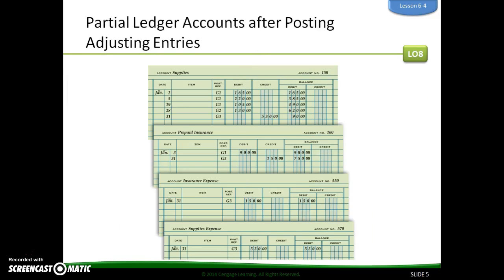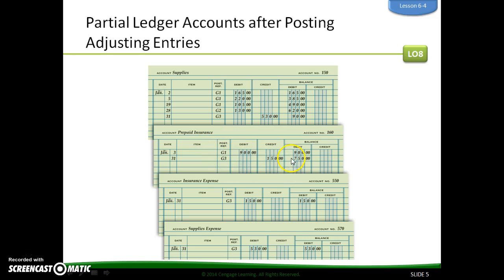You can see we now have some partial ledger accounts after we post our adjusting entries. On the 31st, in our supplies ledger, we posted a credit of $530, which takes our balance in our supplies account down to $90. Prepaid insurance, we've got that same thing going on.